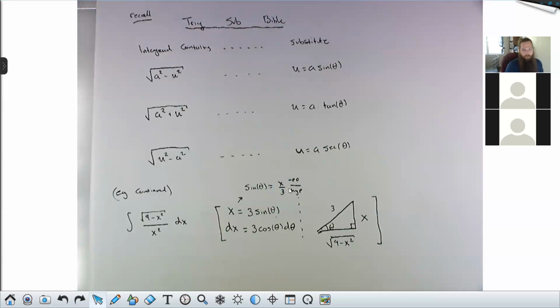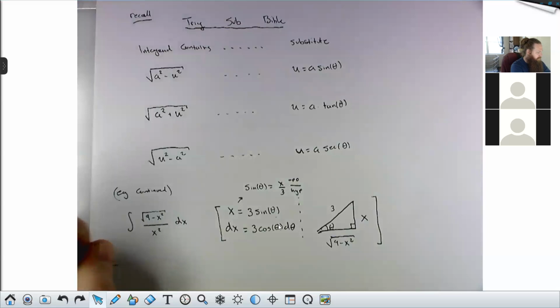Sine is opposite over the hypotenuse. So your opposite is x, opposite theta, and your hypotenuse is 3, opposite the right angle. And then you solve for the missing side. This wasn't given to me, but it's easy to solve for. You've done this right triangle stuff a million times. So now we have everything we could possibly need.